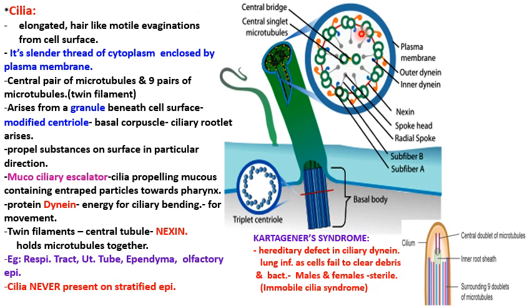The peripheral 9 twin filaments have a very important protein which is called dynein. This dynein is the main protein that is responsible for the motility of the cilia.